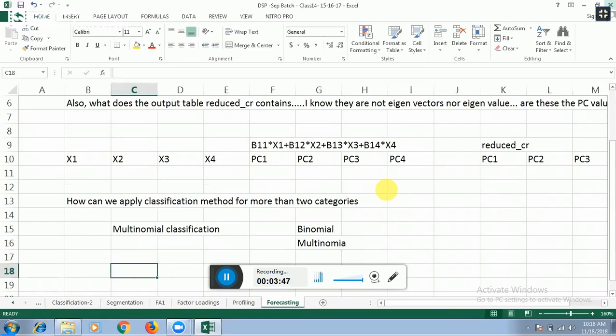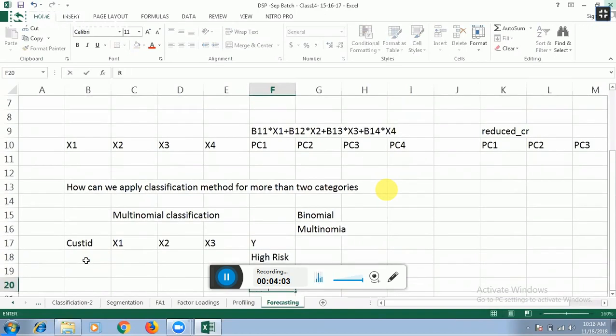But if it is multinomial, what we will do is, suppose you have customer ID, x1, x2, x3, and you have y. Assume y has high risk, medium risk and low risk as categories.